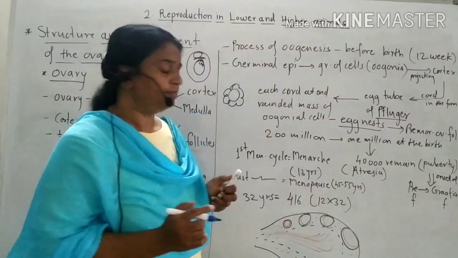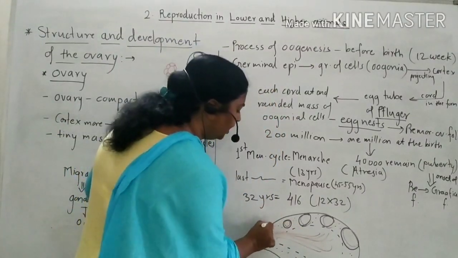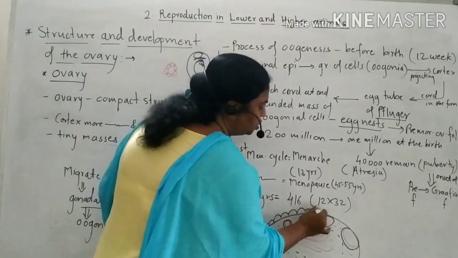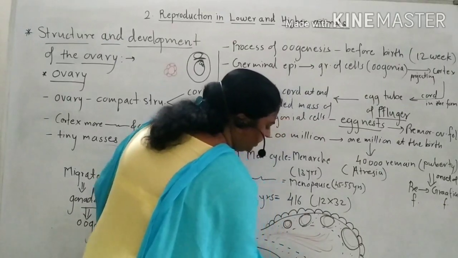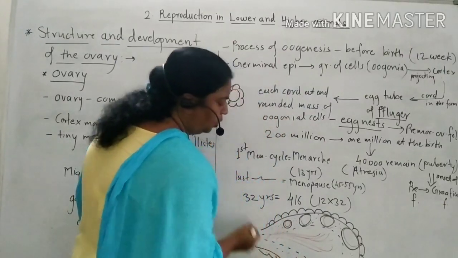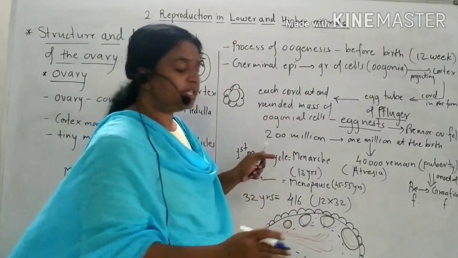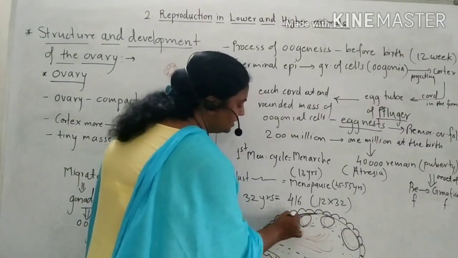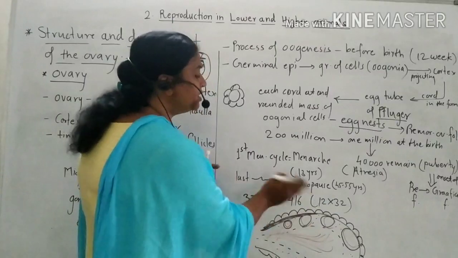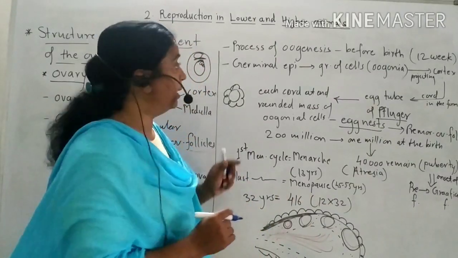Germinal epithelium: after the birth, in the mature ovary, the germinal epithelium is present outside the ovary, so there is no division. Inside it there is a layer called the tunica albuginea, and outside it is the germinal epithelium.